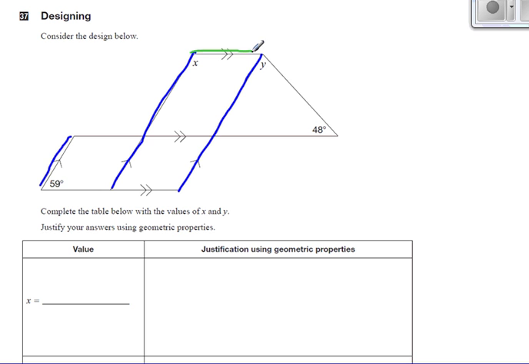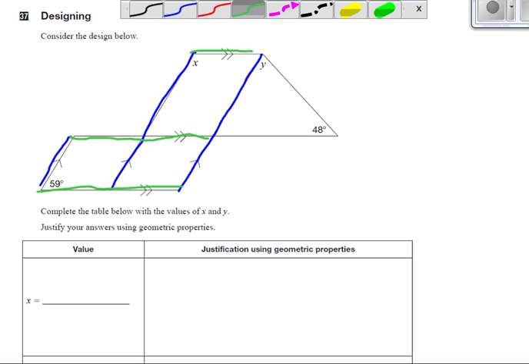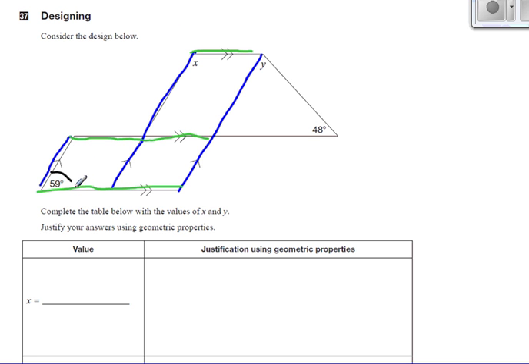So parallel, parallel, and parallel. Okay, so let's start thinking. So this is 59, because of the parallel F pattern. Now this is 59 because there's another parallel F pattern.